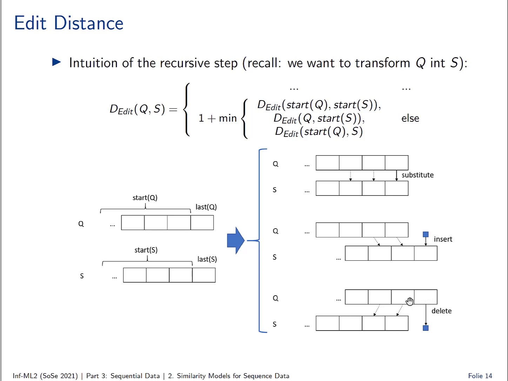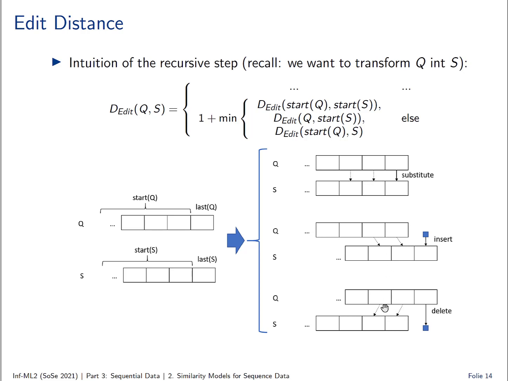Then we have to align the prefix of Q to the entire sequence S. So this one here again is the operation for the delete, and then we have to align the prefix of Q to S. So that is the third case here.